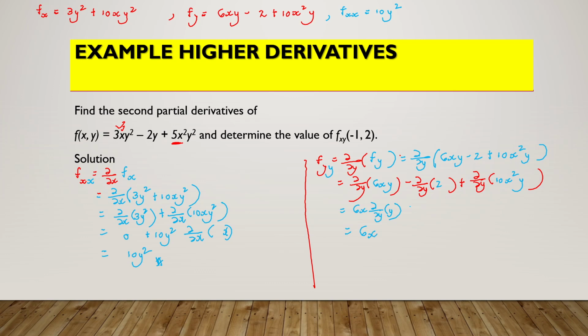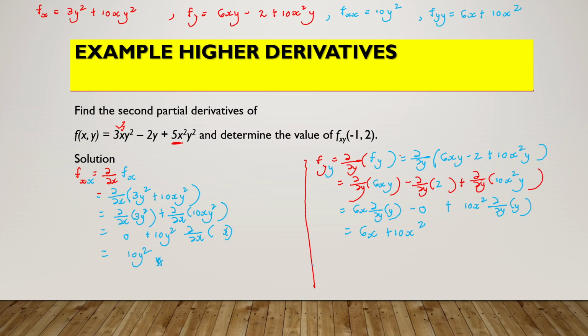Here you get 6x. ∂/∂y of 2 is 0. When 10x squared is constant, factor out 10x squared, and ∂/∂y of y is 1. So you have 10x squared. So we jot down fyy is 6x plus 10x squared. So you check fyy from here, 6x plus 10x squared, correct?